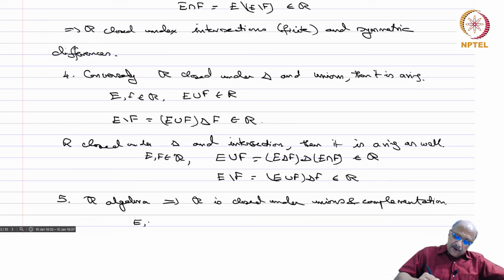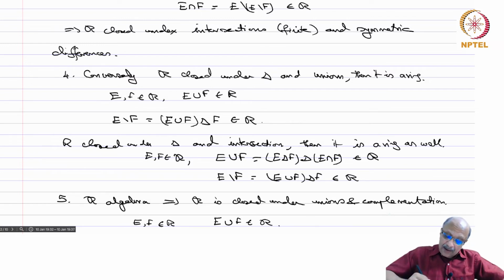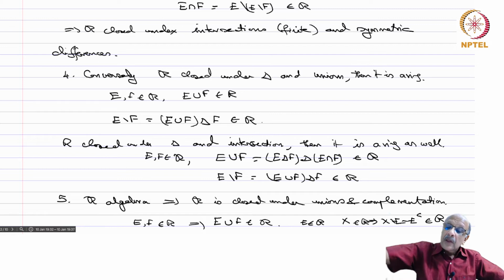Okay, so E, F belong to R, so then you have E union F also belongs to R, that is true, and you have E is in R, then X is also in R, so X minus E, which is nothing but E complement, so this is the symbol for complement which we will use, E complement belongs to R.